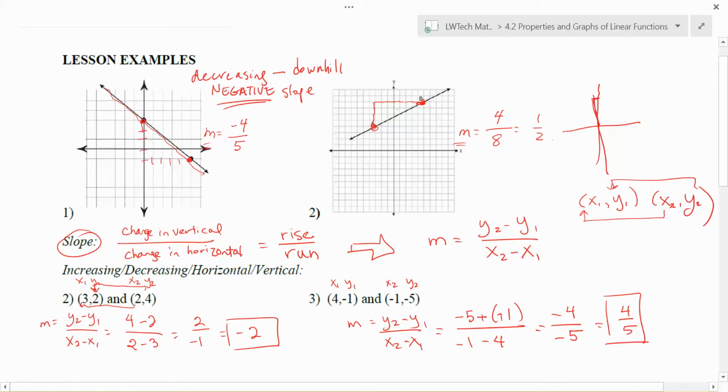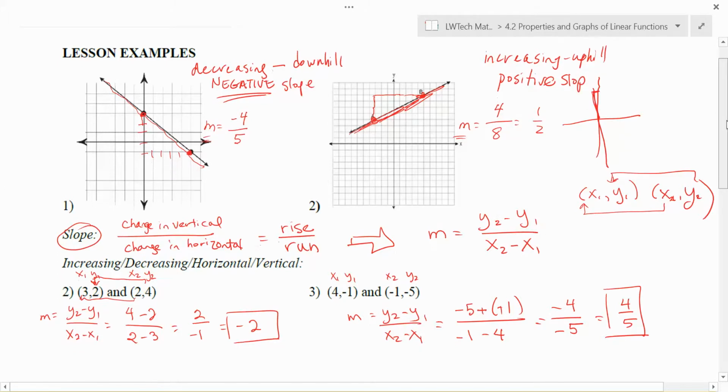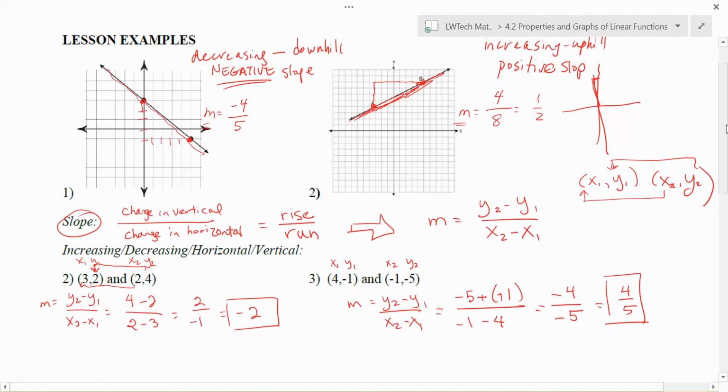Over here, we have an example of an increasing slope. And notice in this particular case that our slope is a positive 1/2. This is an increasing line, and it goes uphill, and these will always have a positive slope. Excellent. So as we continue on here, positive slope.